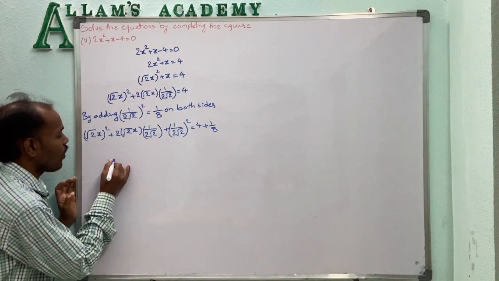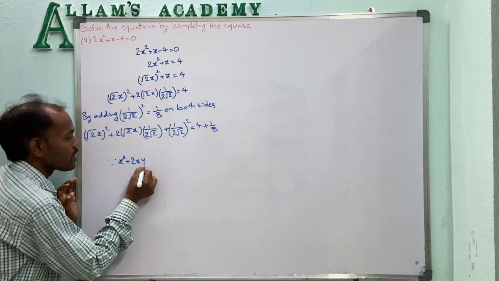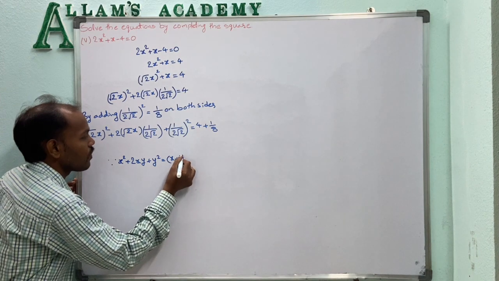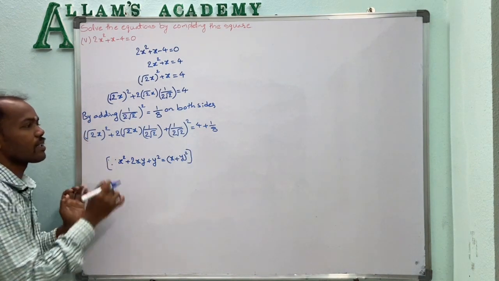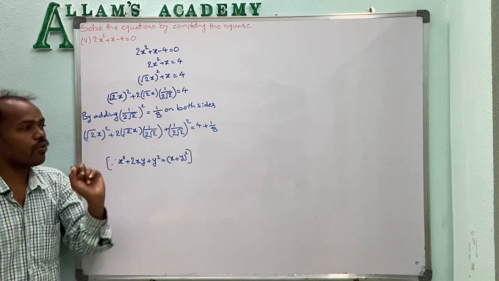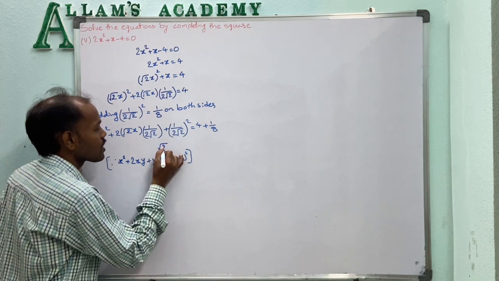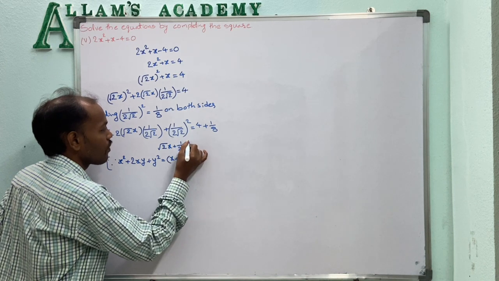Now it is in the form of x square plus 2xy plus y square is equal to x plus y whole square. Now here x equal to root 2x and y is 1 by 2 root 2. So x plus y whole square means root 2x plus 1 by 2 root 2 whole square.